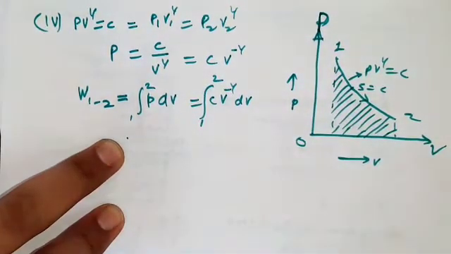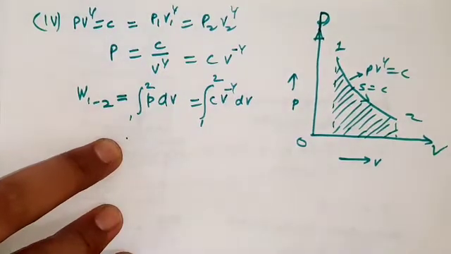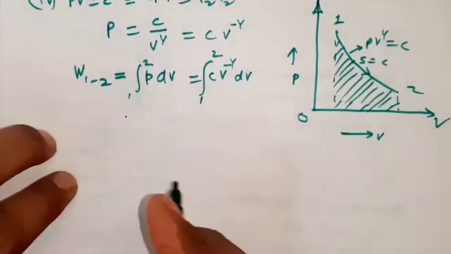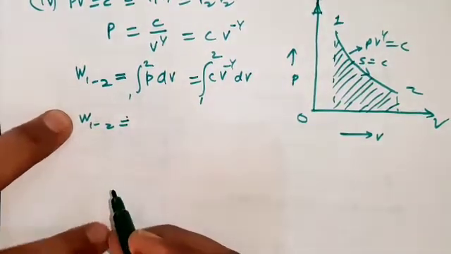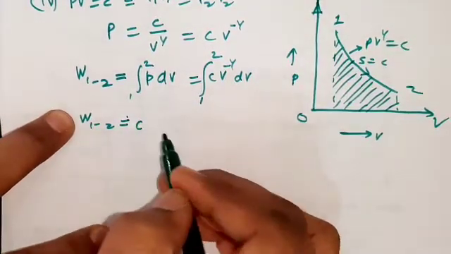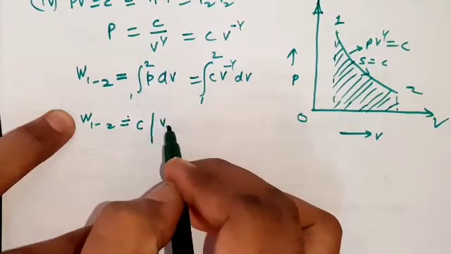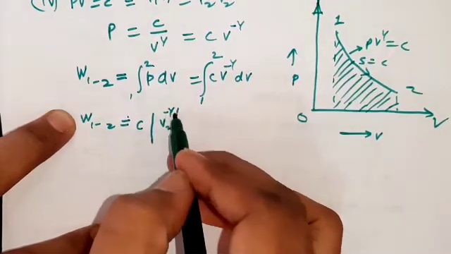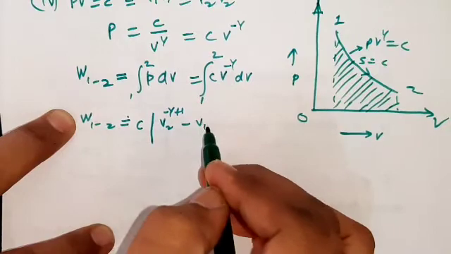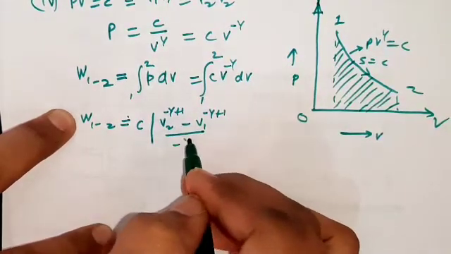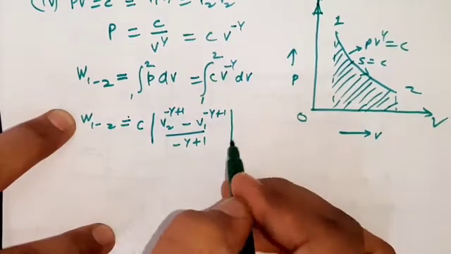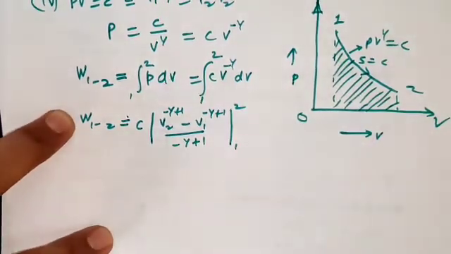Now we can say W1 to 2 is equal to C is common, V to the power minus gamma plus 1 minus V1 to the power minus gamma plus 1, upon minus gamma plus 1, limit 1 to 2.